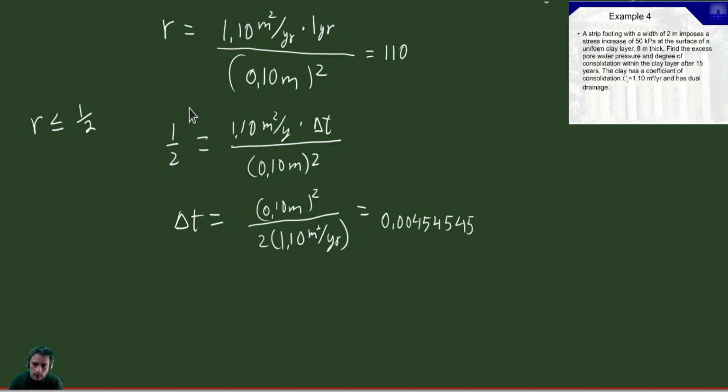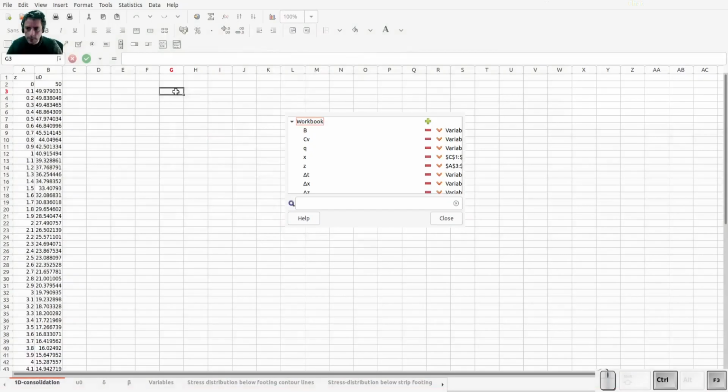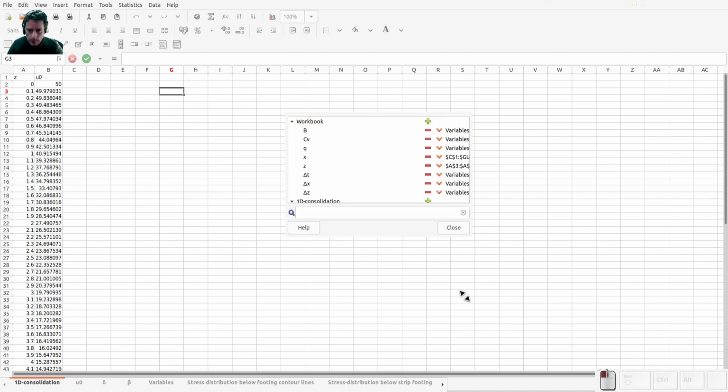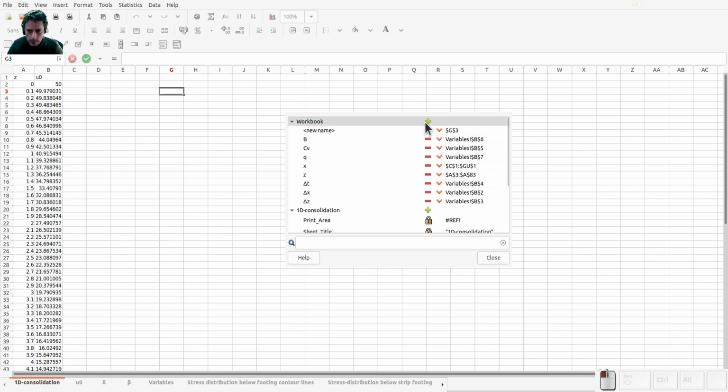So we said that R was equal to 1.10. And so if we go back to the spreadsheet, we have R defined. Let's define the value for R. No, it was 0.5, sorry.